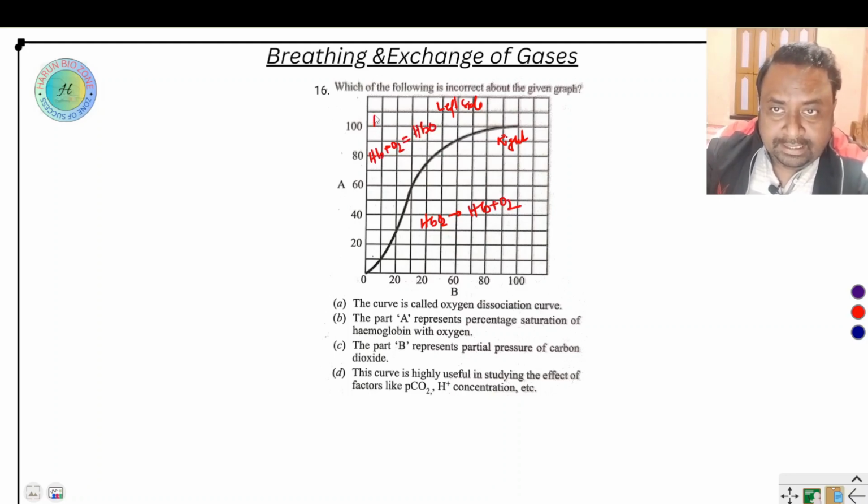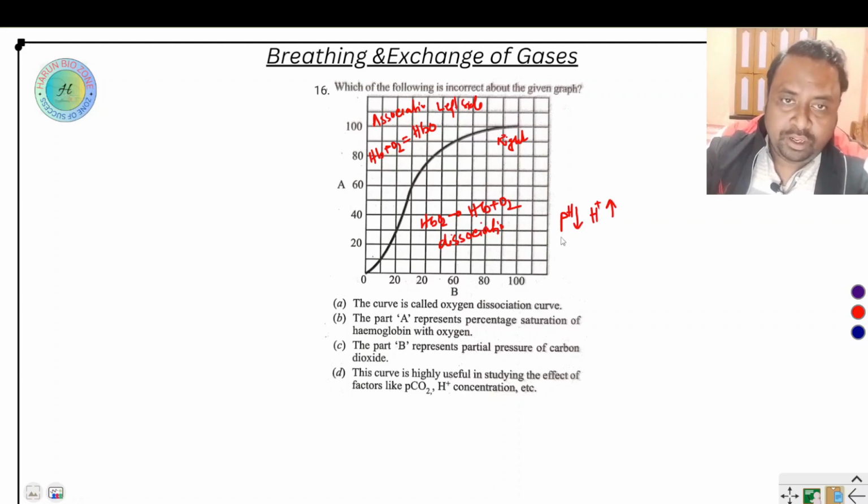That is, on this side association occurs, and on this side dissociation occurs. So dissociation occurs when the blood pH level decreases, that means H plus concentration increases. When CO2 level increases, then dissociation occurs. When PO2 level decreases, then dissociation occurs.